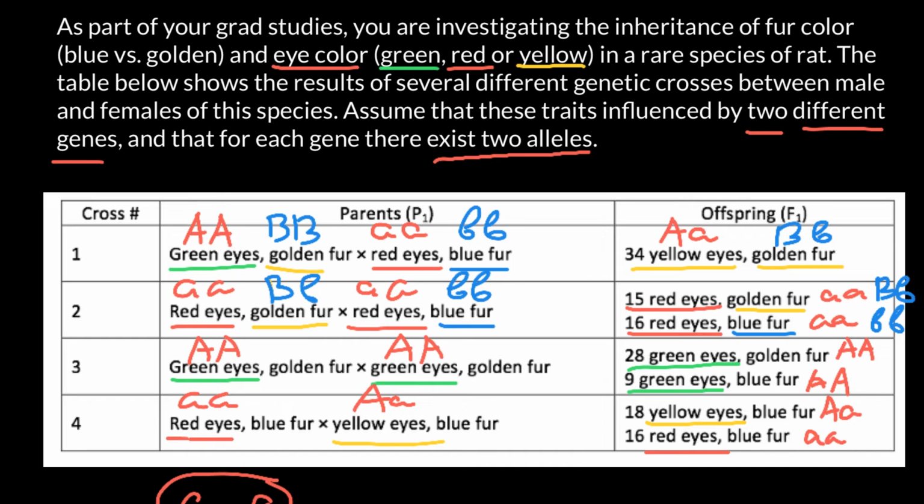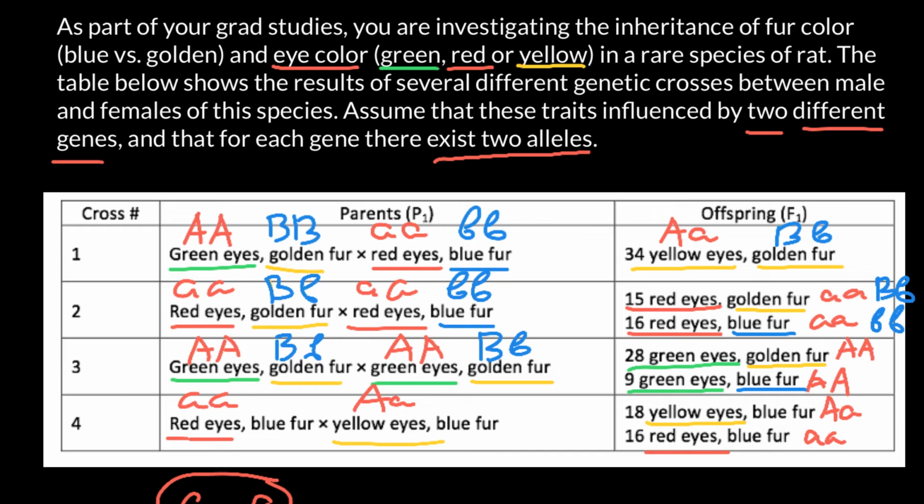And the next line, we have one parent with golden fur, another one with golden fur, and in the progeny we see that 3/4 has golden fur and 1/4 has blue fur. So what can we say? We can say that both parents have to be heterozygous for this trait.